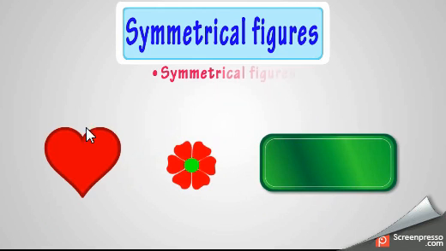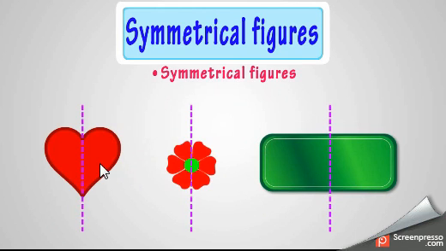So we can say the symmetrical figures are like the heart, flower and rectangle. How can I know? I will draw or fold by a line, dividing it into halves. The first half should cover the second half, or the second half should cover the first half.